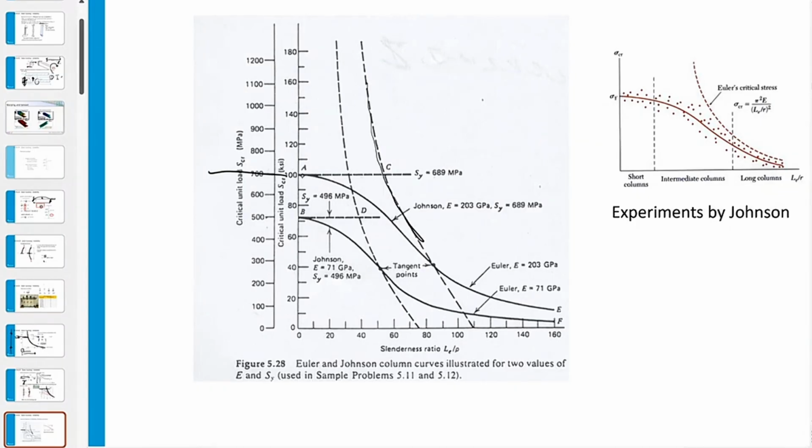It takes into account initially the yield effect with a radius, and then it gradually changes, and at a slenderness ratio of around 100 for steel, exactly 89, it turns into the buckling limit.